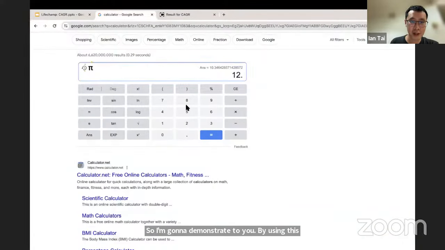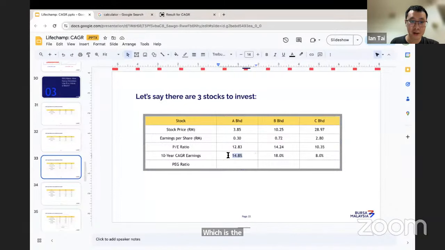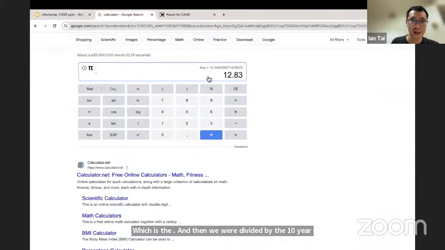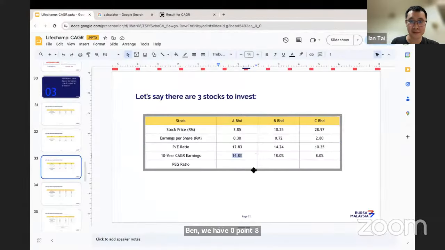We have 12.83, which is the PE ratio, and then we divide it by the 10-year CAGR for its earnings, which is 14.8. Bam, we have 0.87. So put there 0.87.